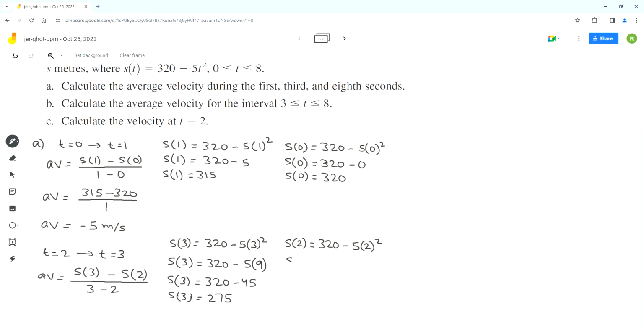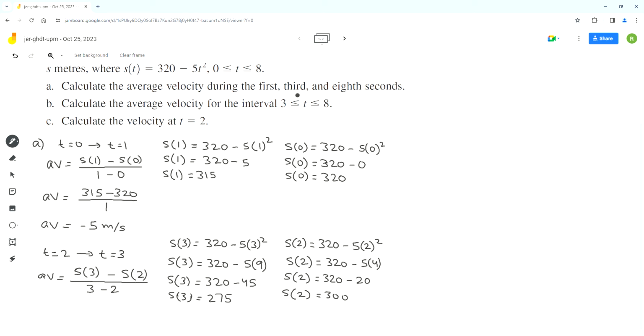Now we have to evaluate it. So 320 minus 5 times 4. So s at 2 equals 320 minus 20. So s at 2 will be equal to 300.